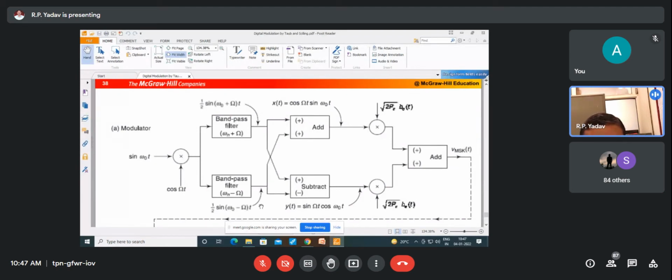What we do essentially, this output here and this output here, I put to an adder, and I put the other to a subtractor. So what the adder gives me as output is x(t) cos sigma t sin omega 0 t, and the subtractor gives me sin sigma t cos omega 0 t.